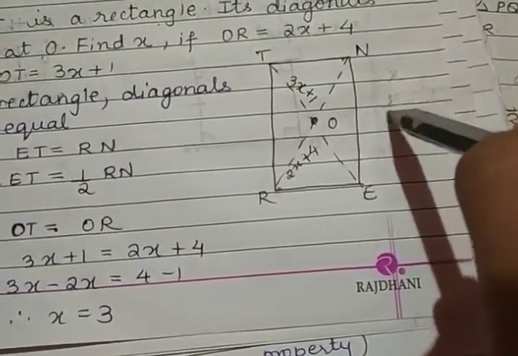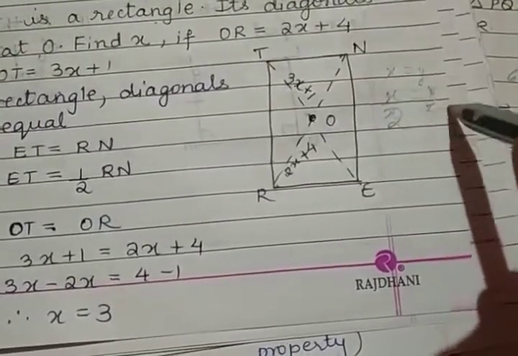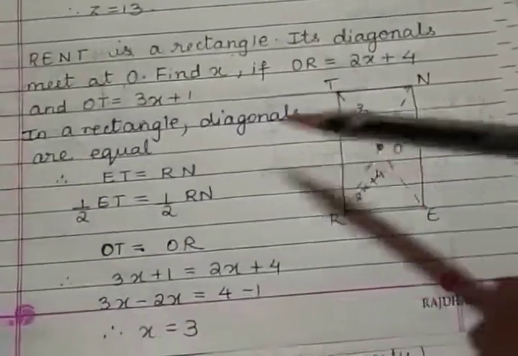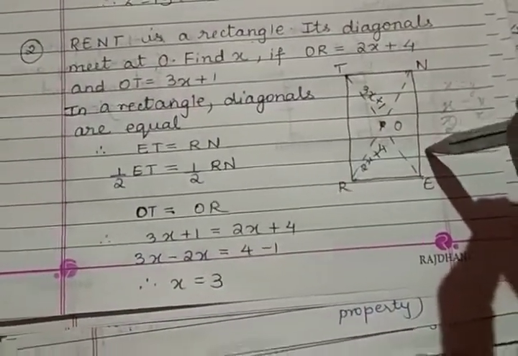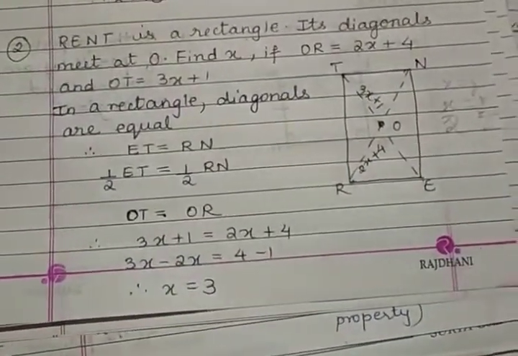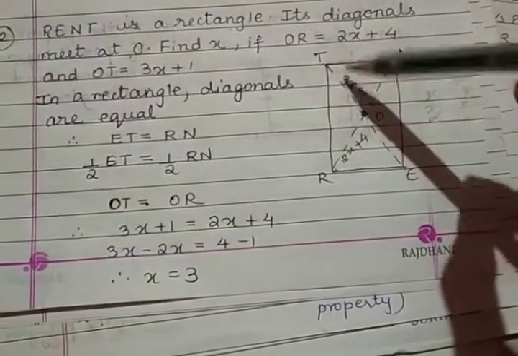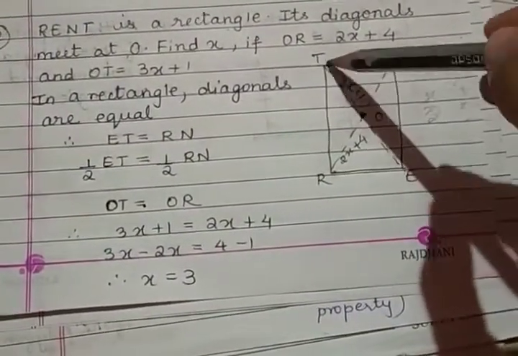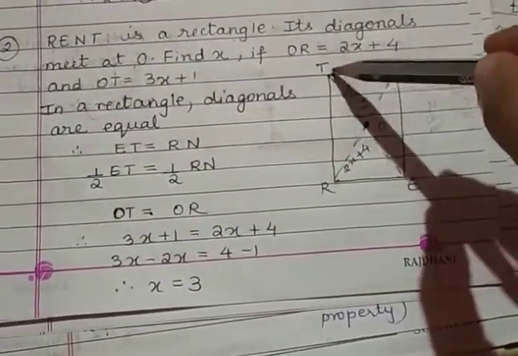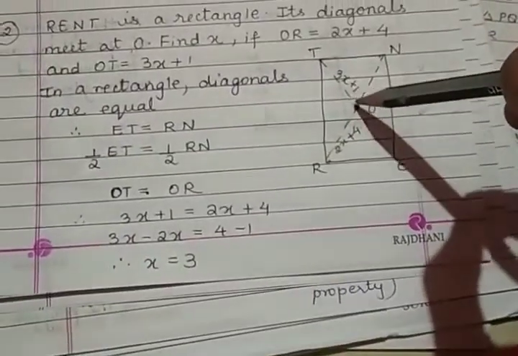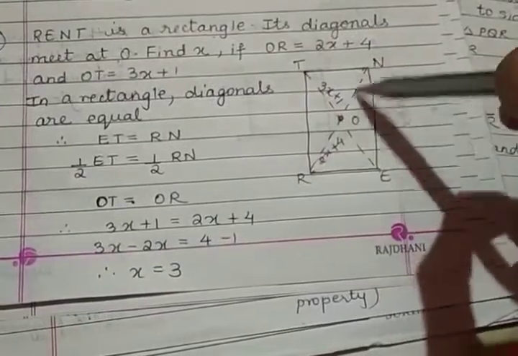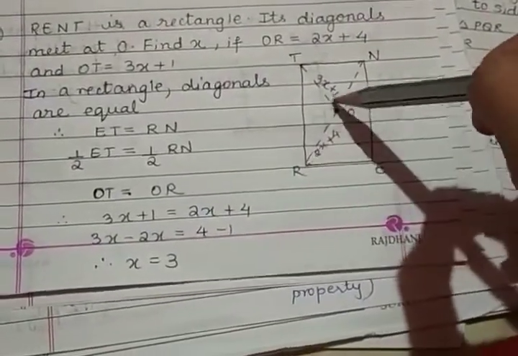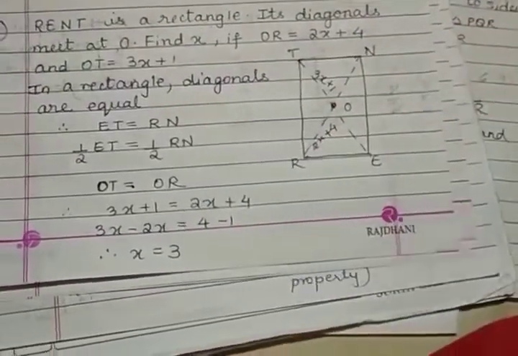So half of ET should be equal to half of RN. Half of ET is equal to OT as well as OE. Since we know OT, let us take OT. OT is equal to, which is half of RN, we'll take OR, correct? So OT is equal to OR.